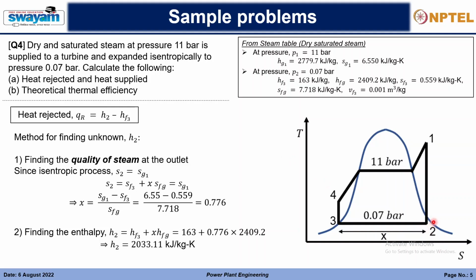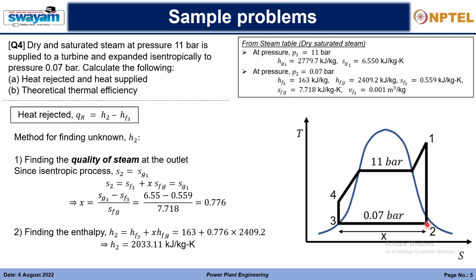So we need to first evaluate the value of H2, and after that only we can calculate this heat rejected, because we know the value of Hf3 according to the pressure 0.07 bar, and this is the saturated water condition. So we will directly get the Sf3, this is the value, but we do not know the value of H2. So to calculate the value of H2, first we'll have to find the quality of the steam.